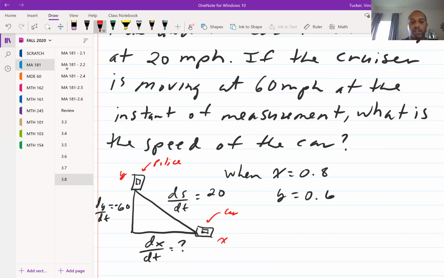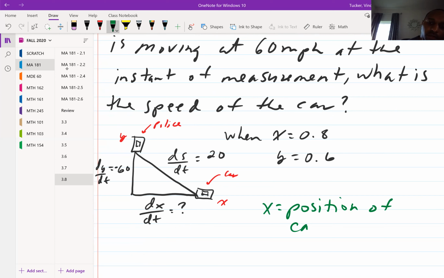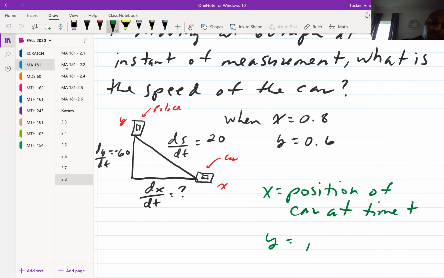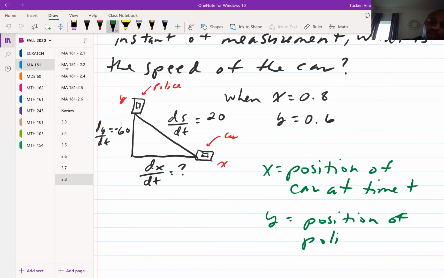All right. So let's establish our variables. x is the position of the car at time t. y is the position of the police, I think they called it a cruiser, at time t.